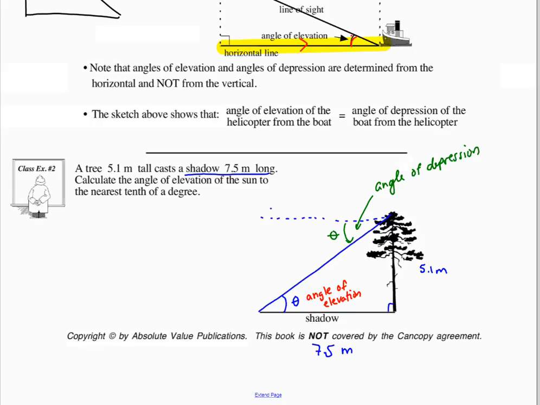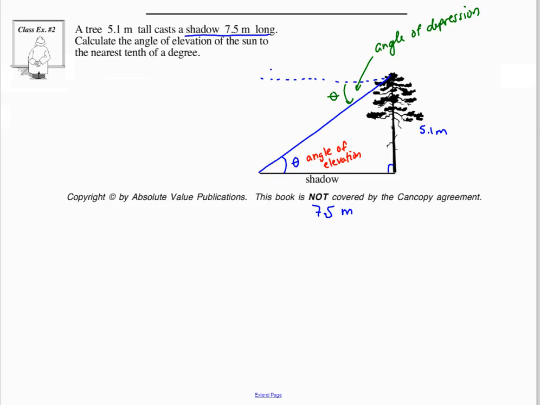So we can do that really quickly. Let's label our sides. What's 5.1? Opposite. 7.5, adjacent. So we are using SOH CAH TOA, tan. Tan of our angle equals opposite over adjacent. You should be writing down your notes.